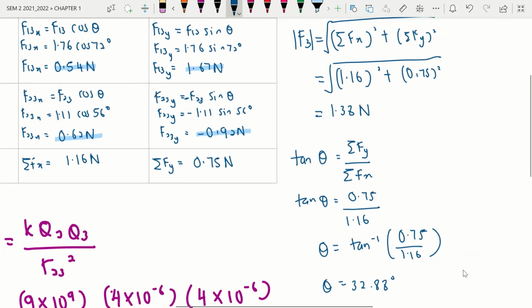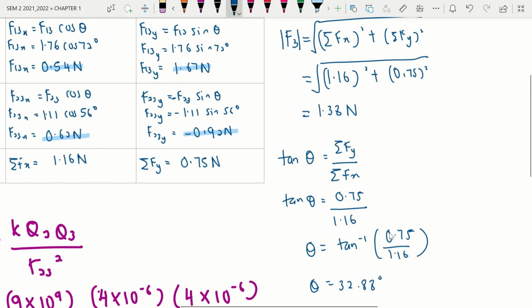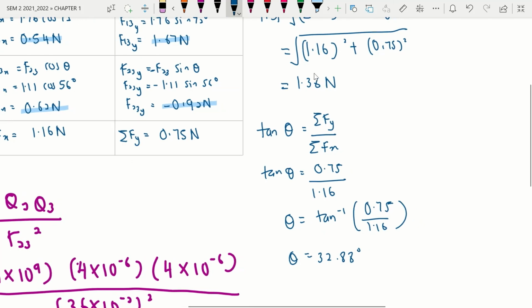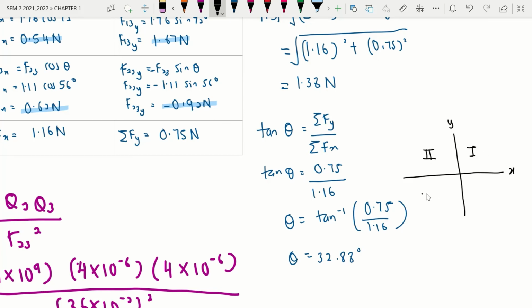Remember, we are not done yet. We need to look at which quadrant the force is in. We will have the Y component and X component, so this is the first, second, third and fourth quadrant. Remember, first quadrant, X is positive, Y is positive.